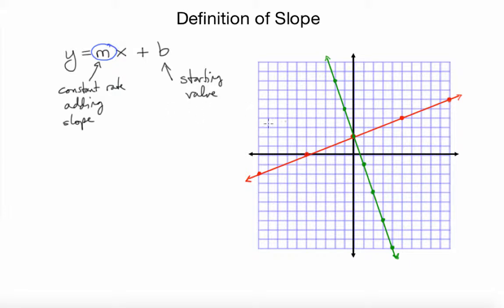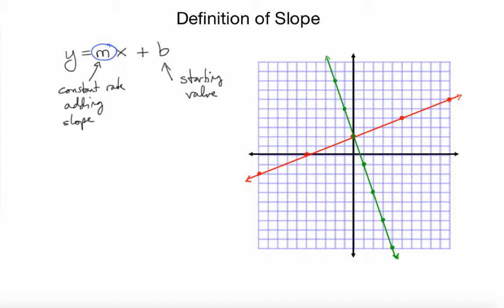Okay, so here I got two lines over here. We've got one line that's going over and it's slowly increasing, so we can see some change. It looks like it's going up that way. And then my green line is decreasing, and I want to look at, well, what are the slope of these lines? How can I think about this concept of slope? Let's first define what slope is here.